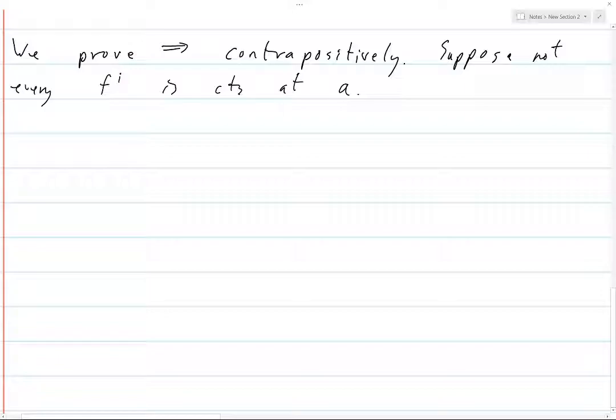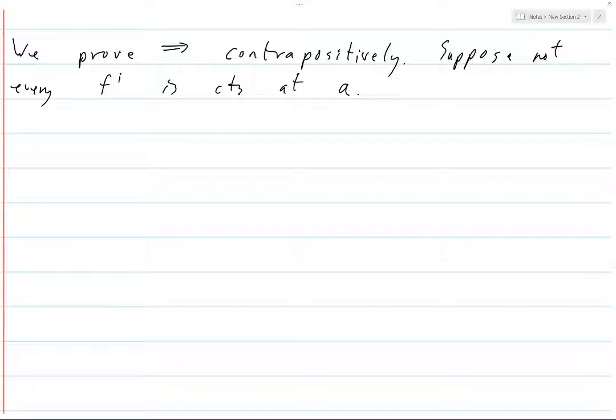Okay, so if every single fi is continuous at a, then that means that for every single fi, for every epsilon, there exists a delta such that the norm of the differences is bounded above by epsilon for every single x in a delta ball.